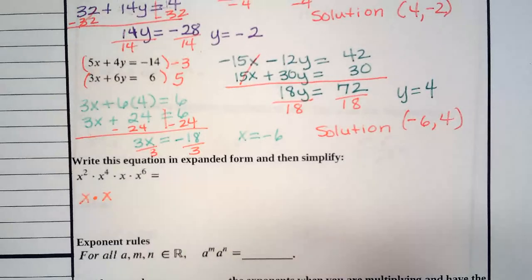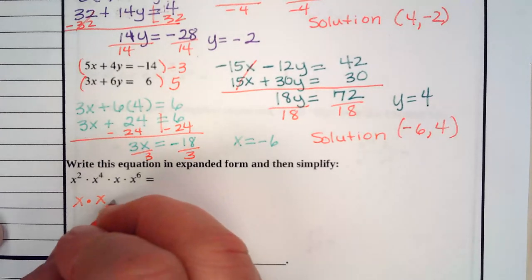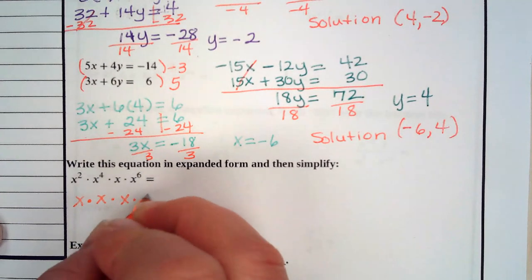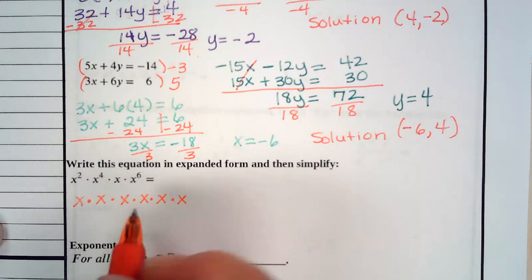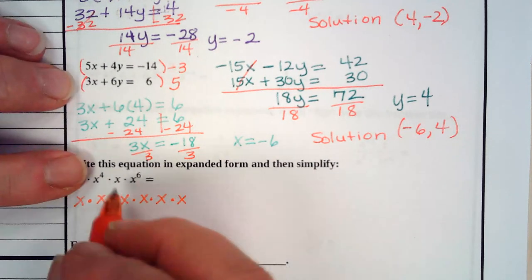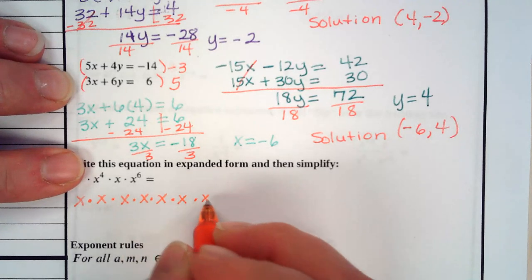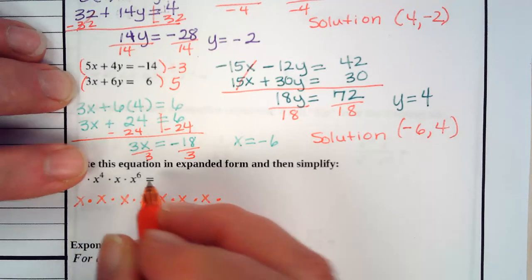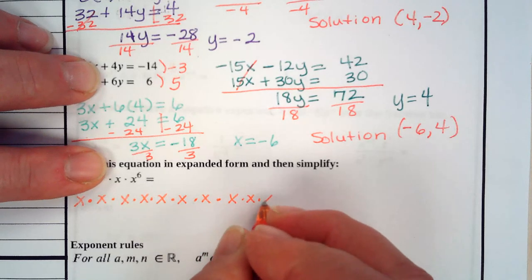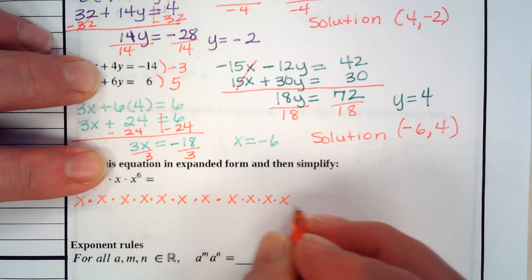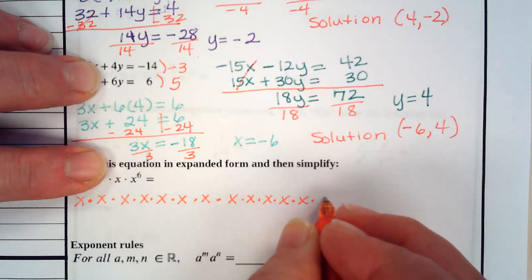If I'm looking at x to the 4th, x times x times x times x. 1, 2, 3, 4. Then bring another x down. And then x to the 6th is x times x times x times x times x times x.